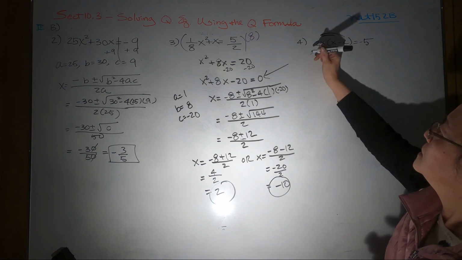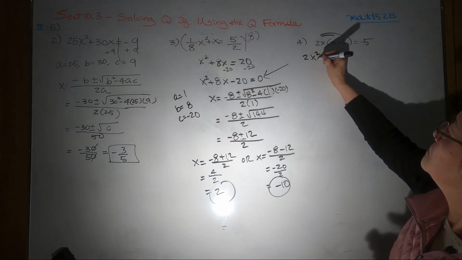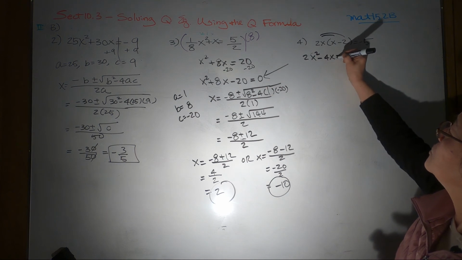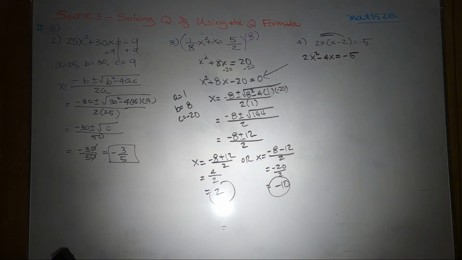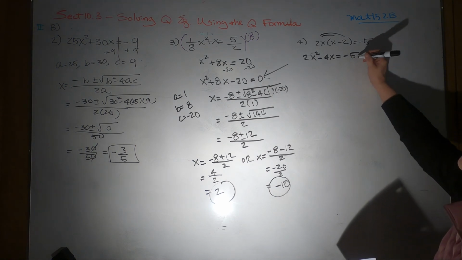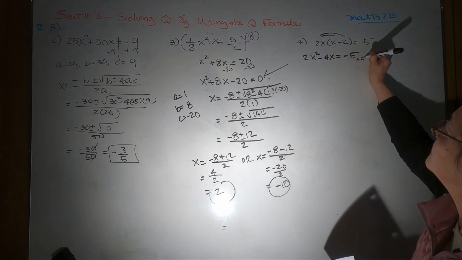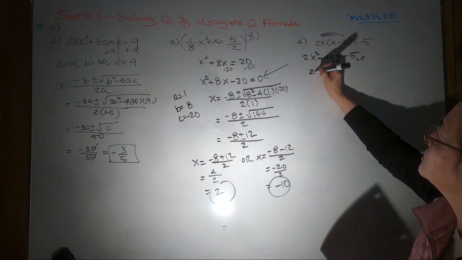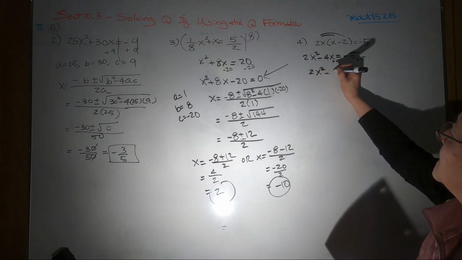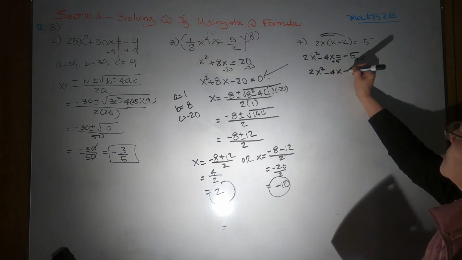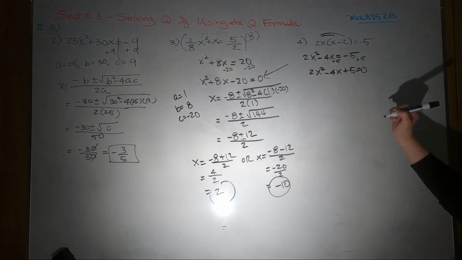So we have 2x squared minus 4x equals negative 5, right? Did I copy the question correctly? Okay. Then we write it in standard form, plus 5. So plus 5, what do we have? 2x squared minus 4x plus 5 equals 0, right?